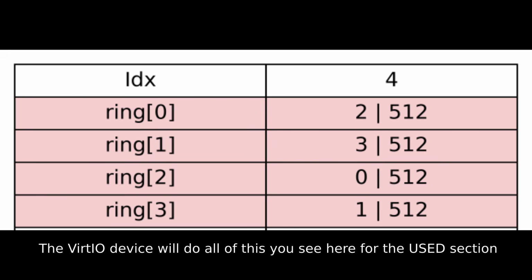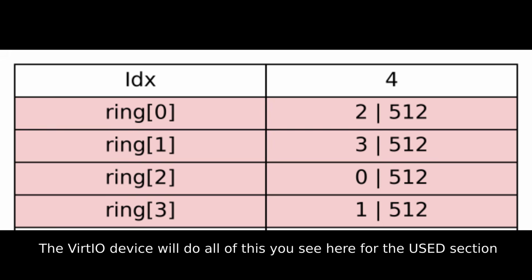So we'll have the index of just what we calculated. So if we just process index 2, our used ring will also be at index 2. And then it'll also include some other information shown here, such as the amount of bytes that our device had to process or had to deal with.